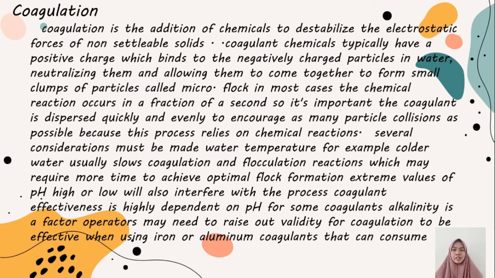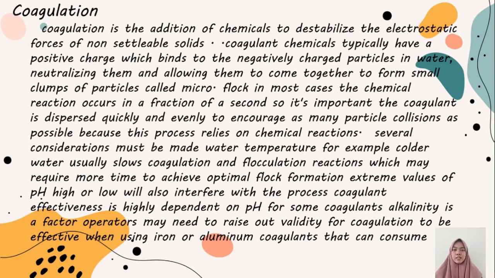Coagulation is the addition of chemicals to destabilize the electrostatic forces of non-stable solids. Coagulant chemicals typically have a positive charge, which binds to the negatively charged particles in water, neutralizing them and allowing them to come together to form small clumps of particles called microfloc.